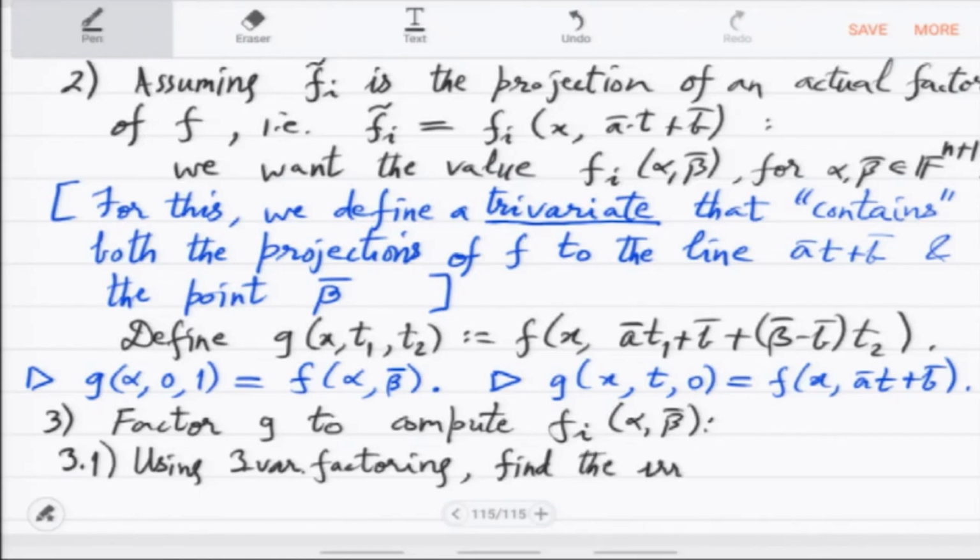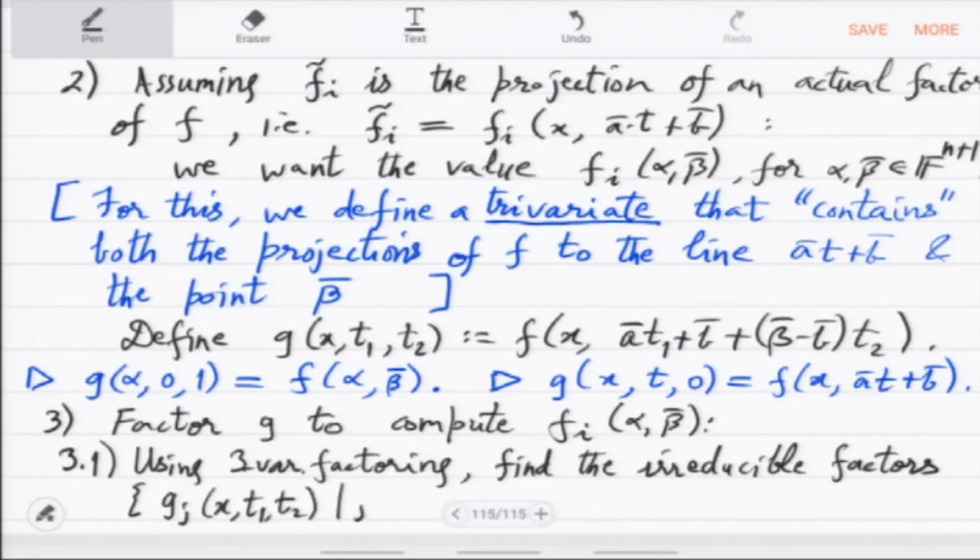Find the irreducible factors Gj(x, t1, t2); you will get this with high probability.